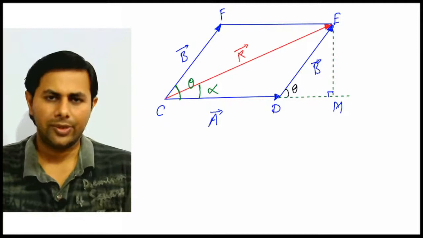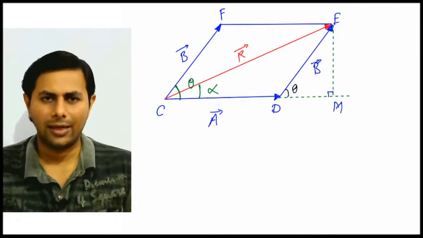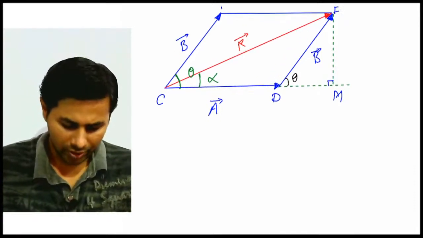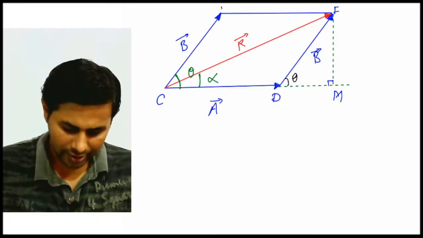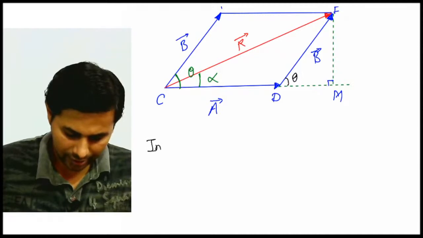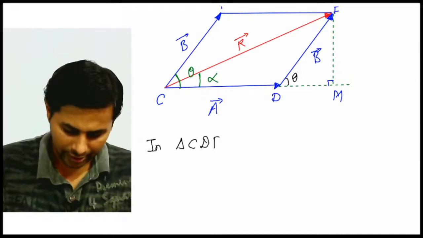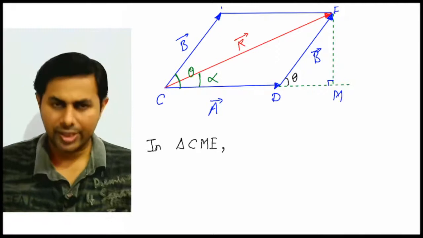Now in physics, the general convention is that in order to find an angle we use tan of the angle. So if I consider this triangle, in triangle CME, what will be tan of alpha?